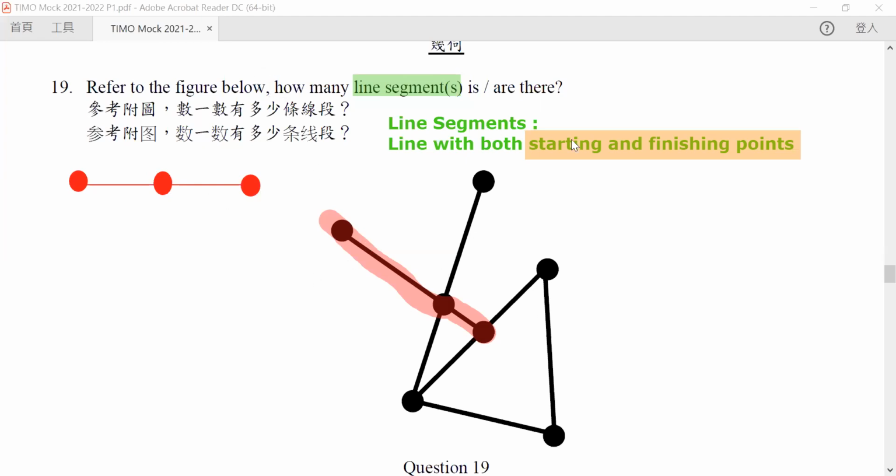If we want to count the line segments, it can be from the first point to the second point, from the first to the third, and from the second to the third. So there are 3 line segments for this line. By the same logic, we can count each line to see how many line segments there are for each one.